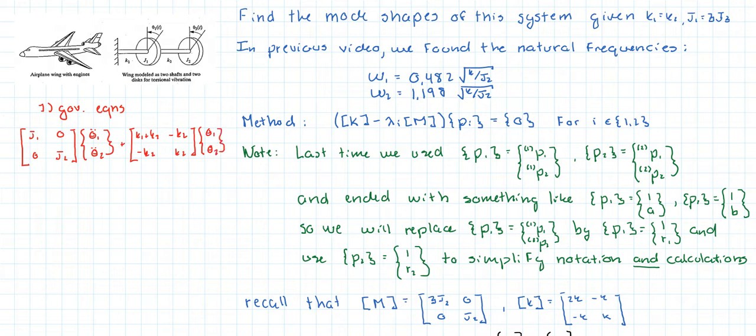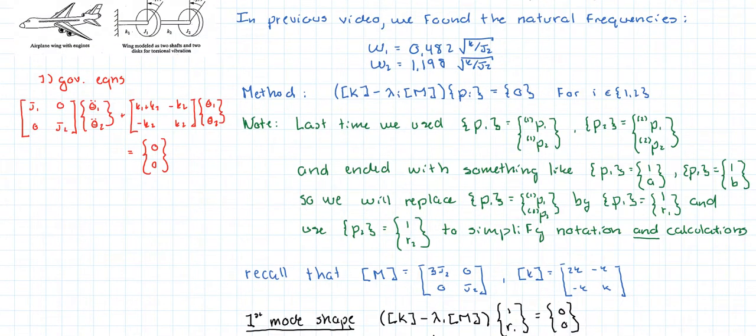Theta 2, and all of that is equal to the null vector, dimensions 2 by 1, because there are no external forces acting on the system. The second step was to find the eigenvalues by solving the determinant of the stiffness matrix minus the eigenvalue times the mass matrix or inertia matrix, setting that equal to 0.